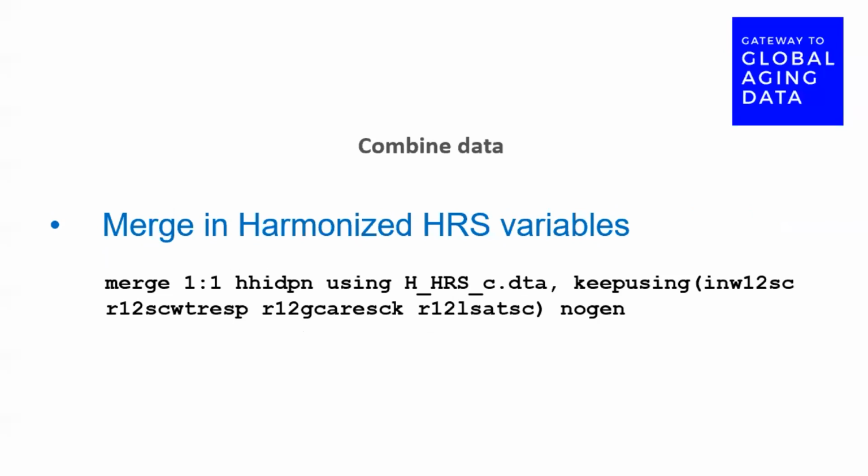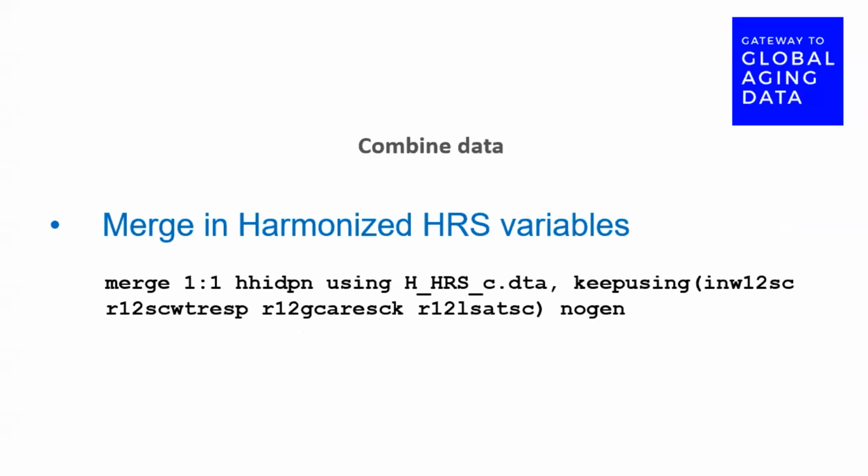So now that the RAND HRS longitudinal file data is loaded in Stata, we can merge in the Harmonized HRS. The RAND HRS longitudinal file and the Harmonized HRS both cover exactly the same respondents. So this merge will not introduce any new observations, but only add the variables we need from the Harmonized HRS dataset. Both files are at the respondent level.